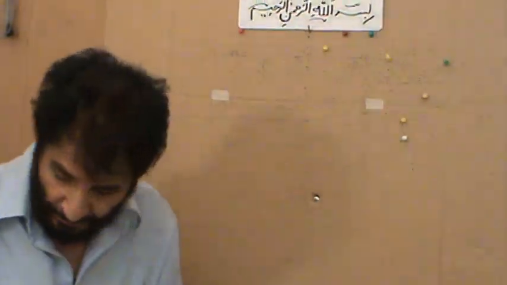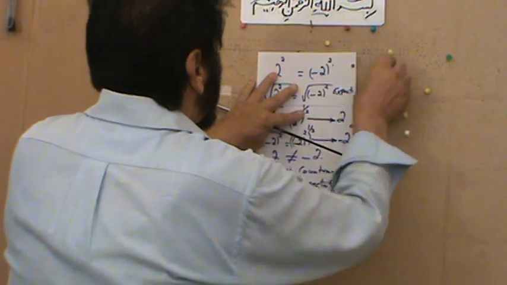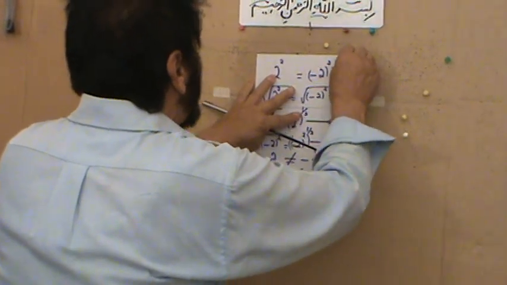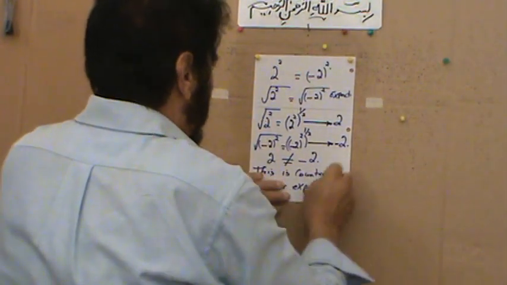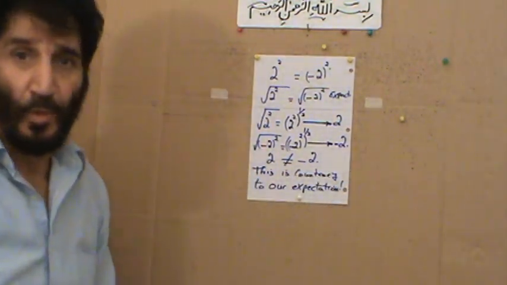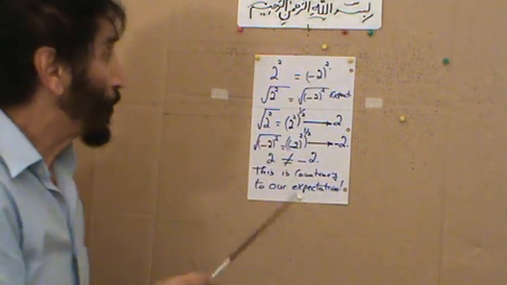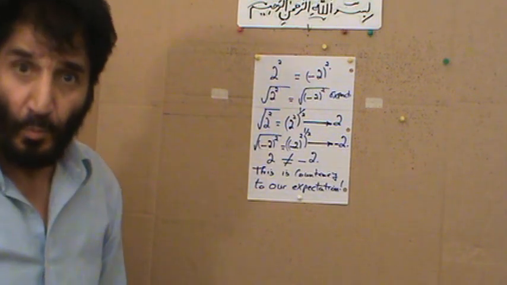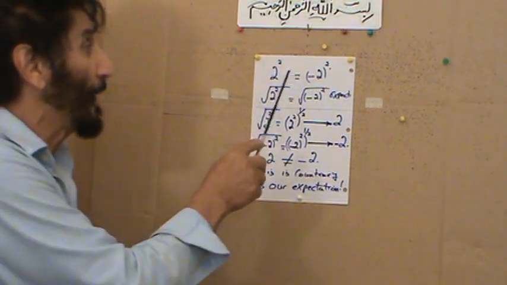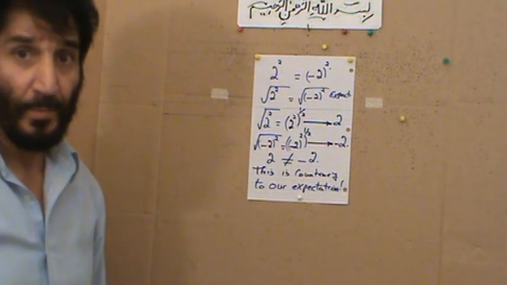We all agree that 2 squared is equal to negative 2 squared. It's a grade school question. So we expect that the square roots of both sides should be equal, because if two numbers are equal, their square roots should be equal.